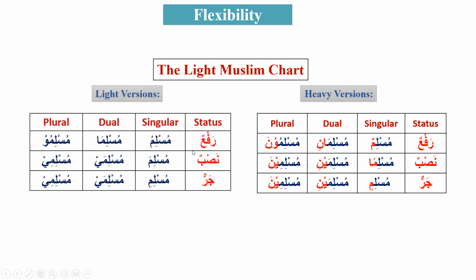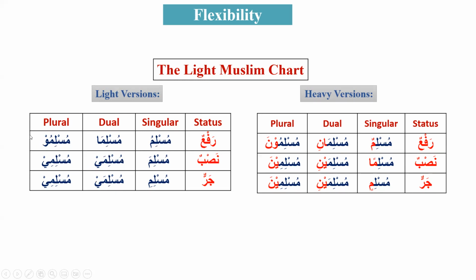So this table on the left now is the light version of the Muslim chart. Muslimu, Muslima, Muslimi. You see, tanween is replaced by the single haraka. Muslimu, not Muslimun, no tanween. No noon sound. And Muslima, the noon sound is removed from it. Muslimai, Muslimai.